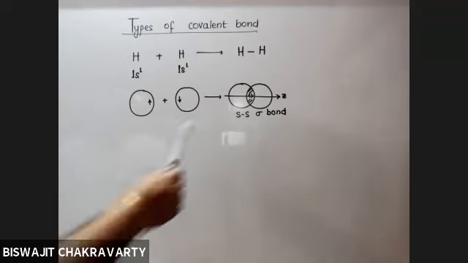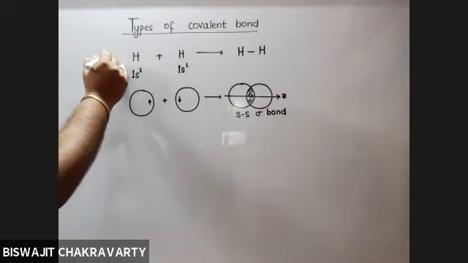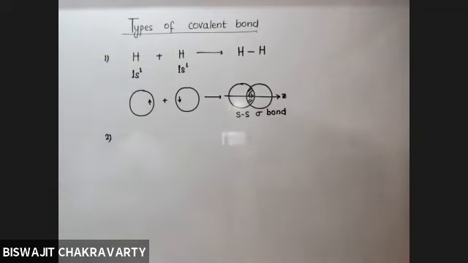Extent of overlapping means the region in which both have a common electron cloud is relatively large. So that is the example of hydrogen overlapping with hydrogen.